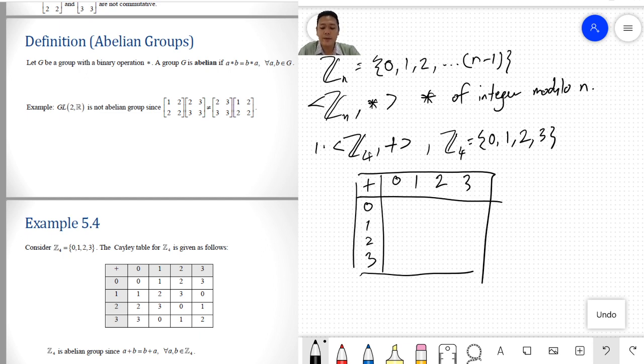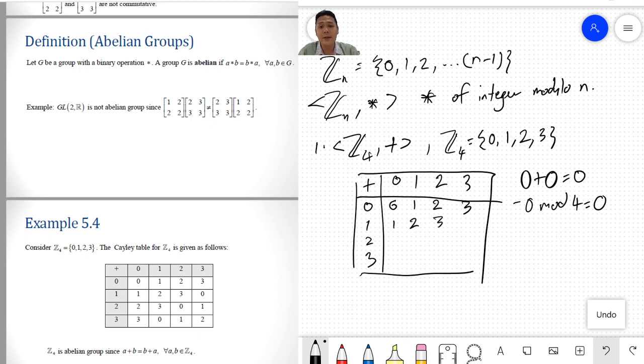We start with the first two elements, 0 plus 0. 0 plus 0 equals 0, then you take mod 4, which is again 0. You continue with the next elements: 0 plus 1 is 1, and 1 mod 4 is 1; then 2, 3. 1 plus 2 is 3, and 3 mod 4 is 3.